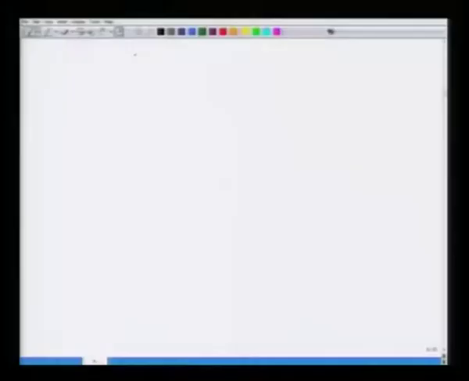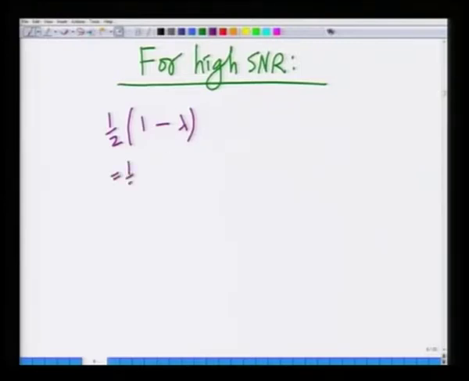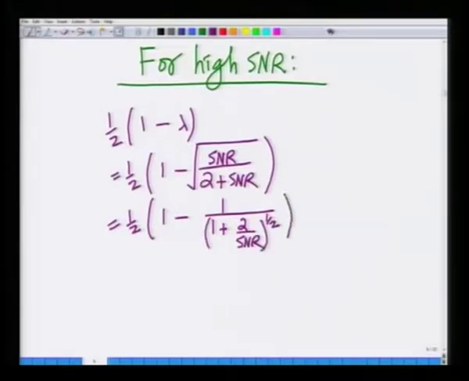Let me write down here: for high SNR. Let us consider the term half into 1 minus lambda, that is half into 1 minus the square root of SNR divided by 2 plus SNR, which can also be written as half into 1 minus 1 over (1 plus 2 over SNR) to the power of half.